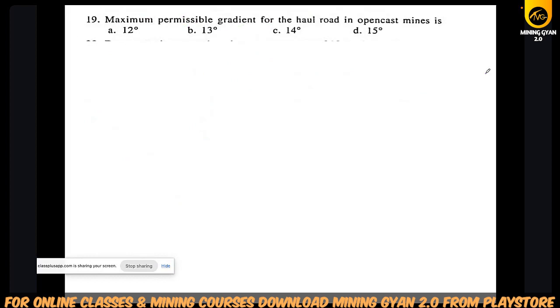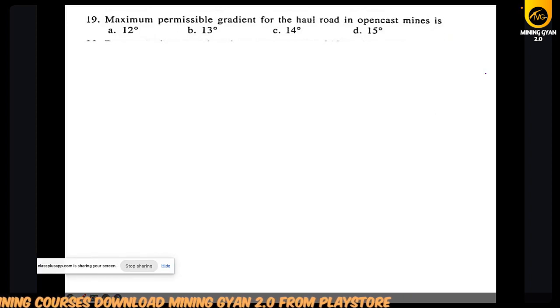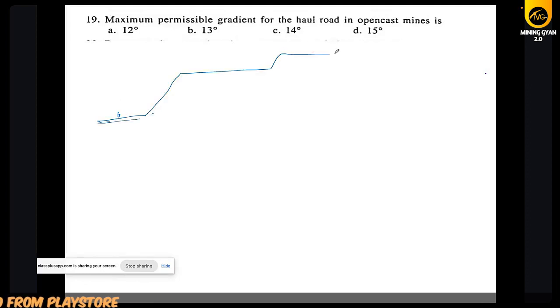Maximum permissible gradient for the haul road in an open cast mine, we have already discussed. How much should the maximum permissible gradient be? Suppose you are on this bench and this is your other bench. And this is a 2D version.